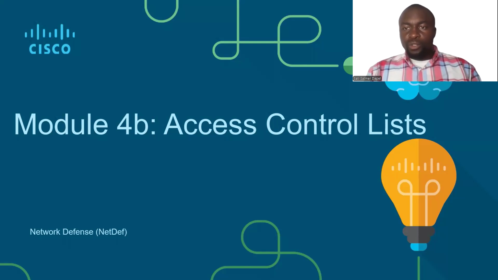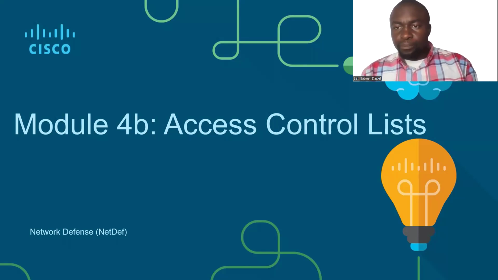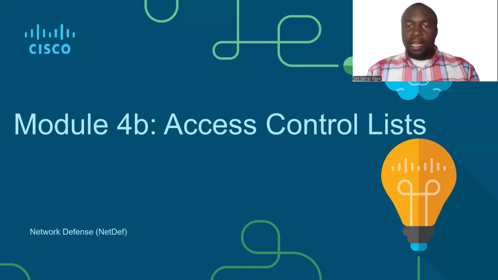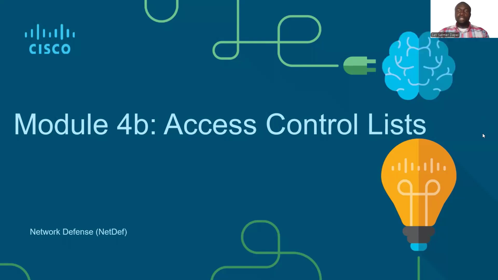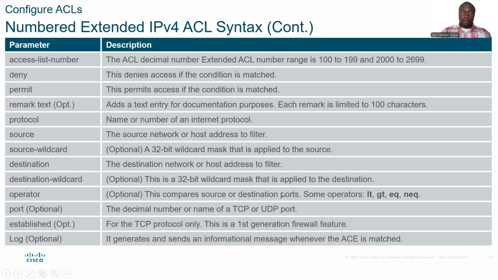All right. So basically, we're going to continue from there. In the last class, we were able to stop at named standard access list. So we will continue from there where we stopped.